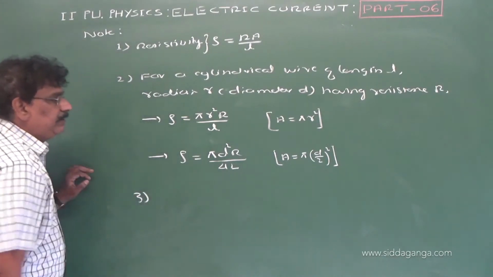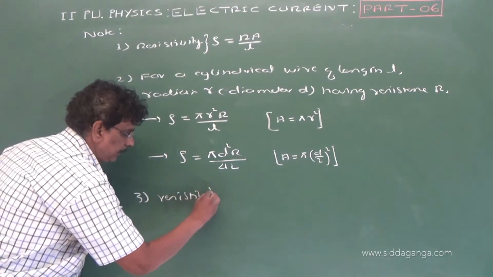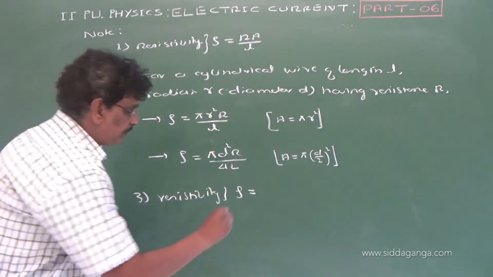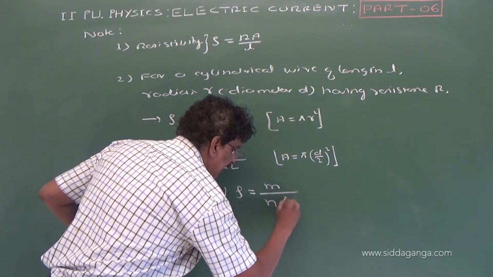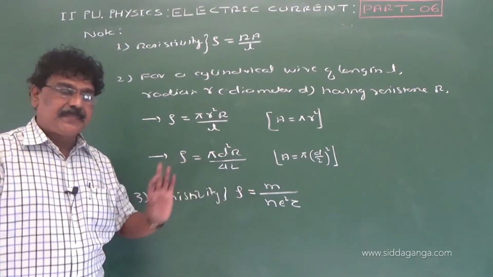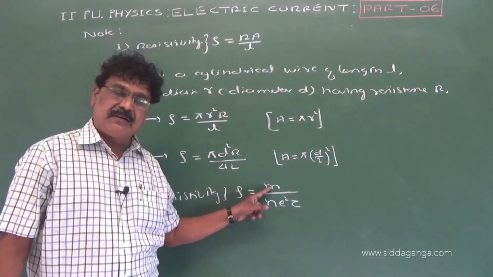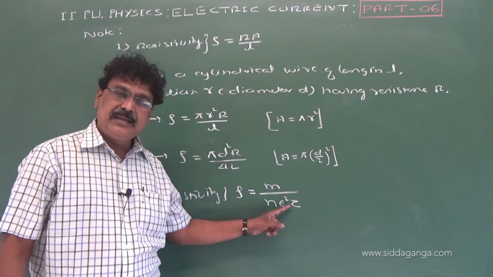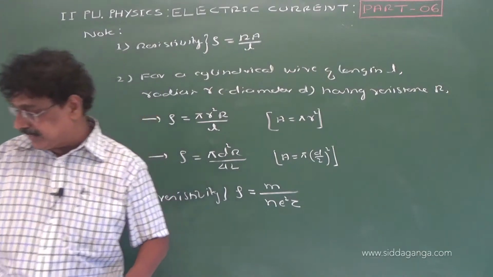And third, we have resistivity ρ = m by n e² τ, where m is the mass of the electron, n is the free electron density of the material, e is the charge of the electron, and τ is the relaxation time.